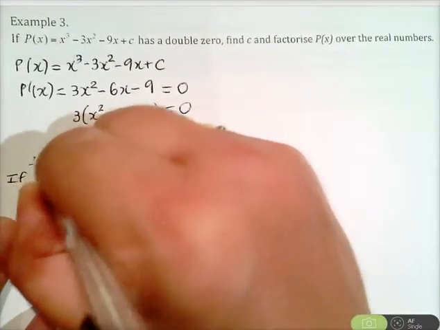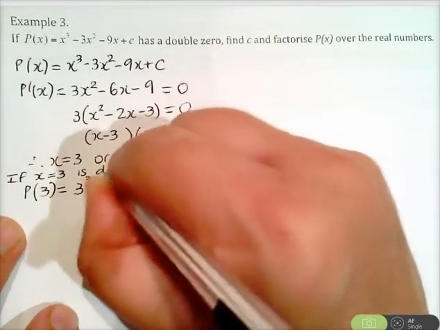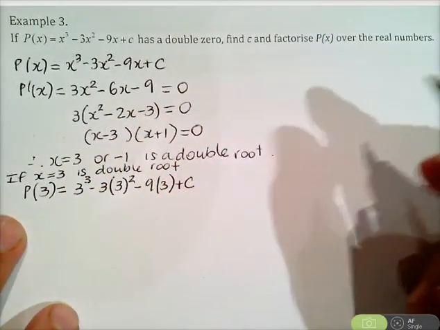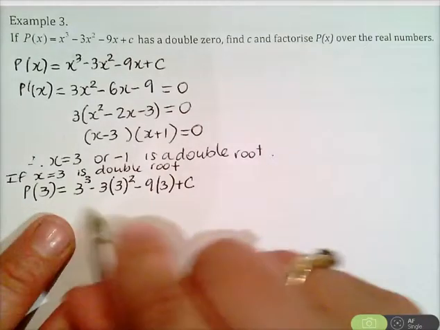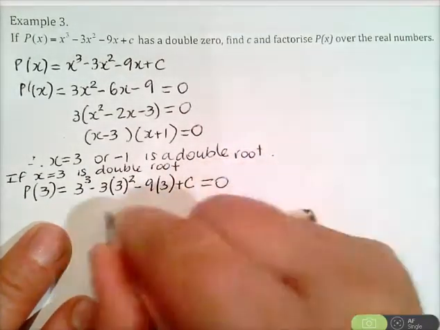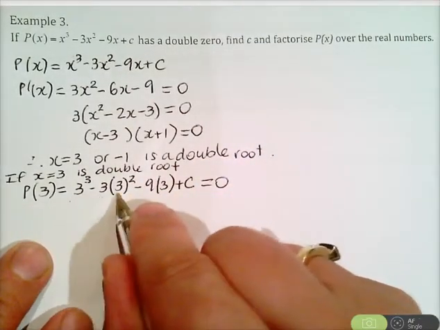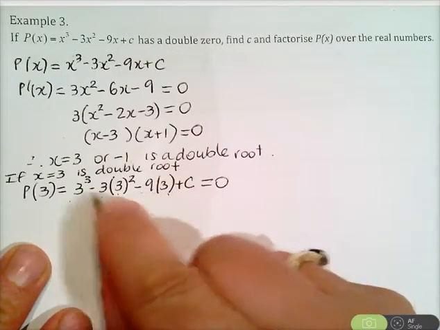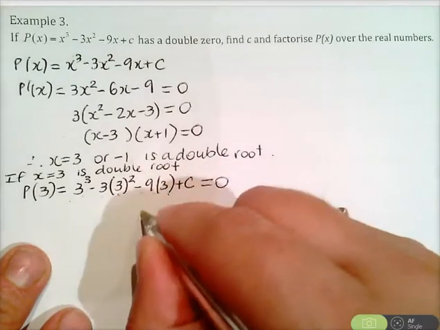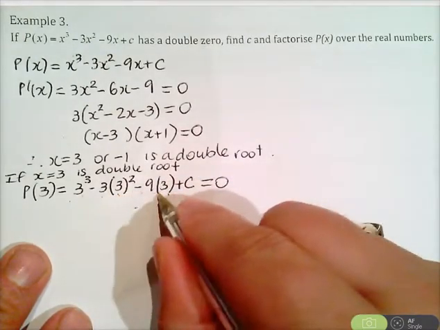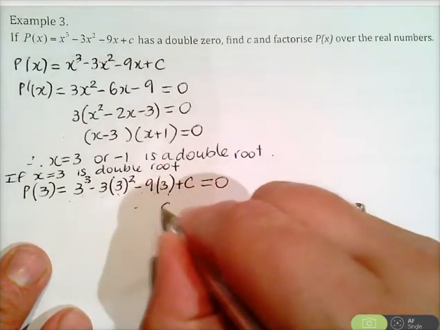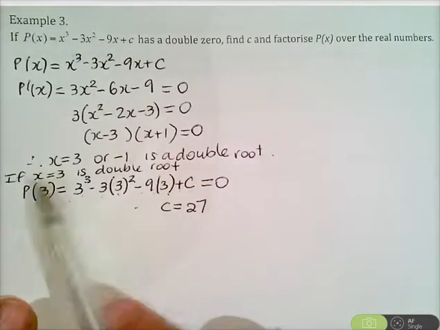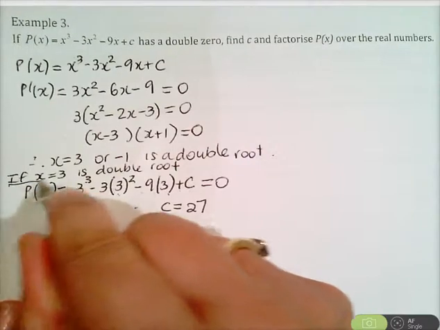So if x equals 3 is a double root, then p of 3, which is equal to that, will equal 0. In other words, 27 minus 27 minus 27. So 27 minus 27 is 0. And I've got negative 27 plus c is 0, so I'll get c is 27. So if x equals 3, I should probably underline that.